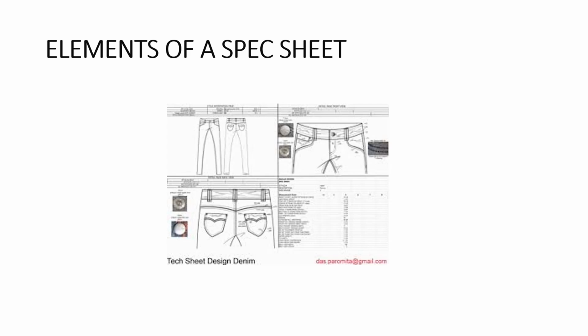In the image it is shown how the pocketing is done, front side, back side. How will be the appearance, especially in the denim garment. How the buttons are fixed there, how the pockets are fixed there. What is the dimension of those items? All things are there and it is a part of the elements of a spec sheet.